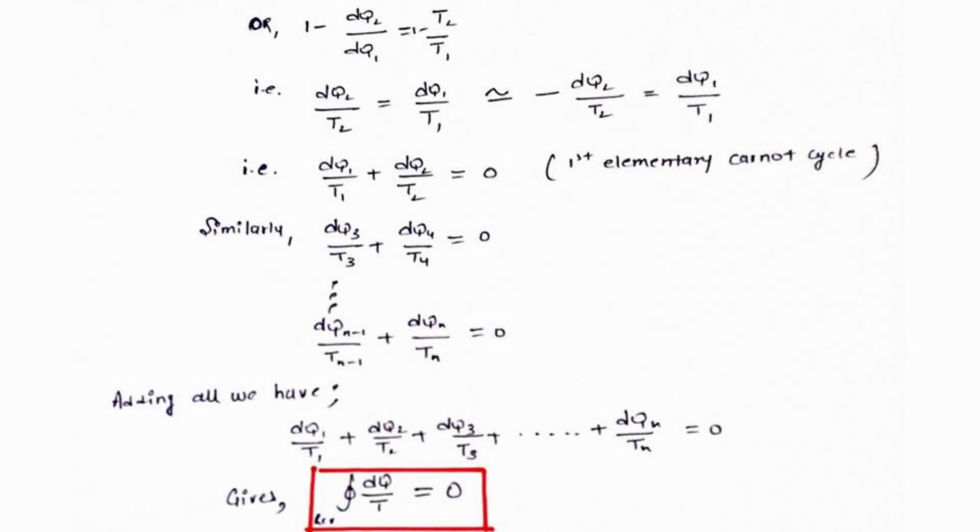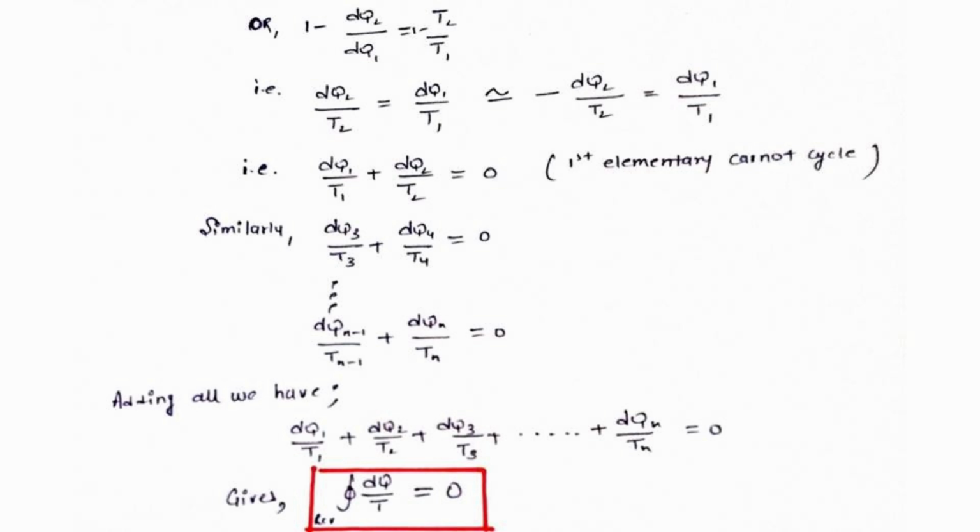Or we can write 1 minus dQ2 by dQ1 is equal to 1 minus T2 by T1 as far as the elemental portion is concerned, right? Now this implies that dQ2 by dQ1 is equal to T2 by T1, or we can write dQ2 by T2 is equal to dQ1 by T1.